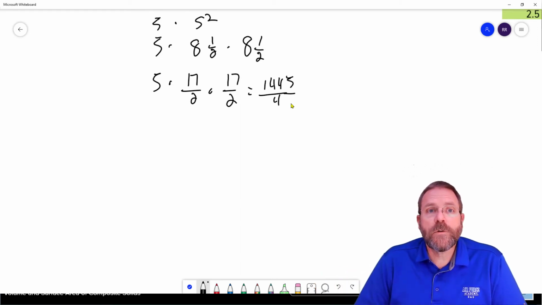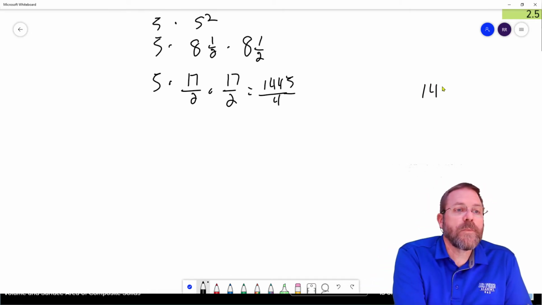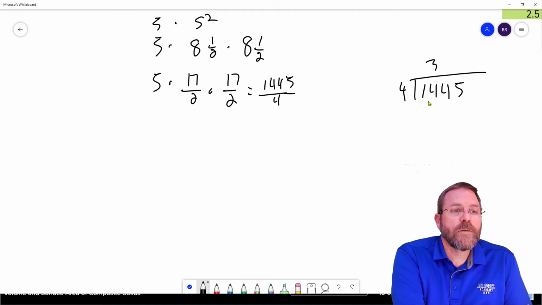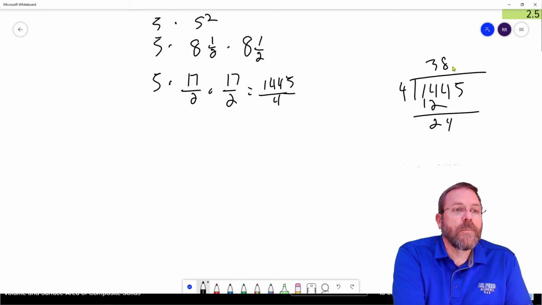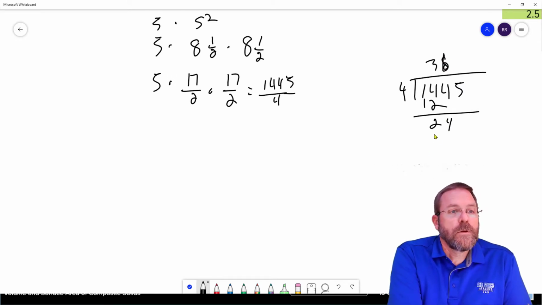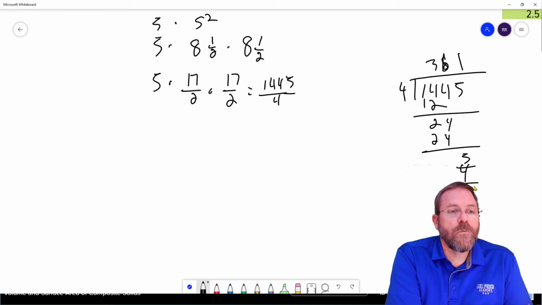but the textbook is going to want that converted into a mixed number for now. So I'm going to take that 1,445 divided by 4. That's going to be 3, which is 12, 2 left over. That's going to become actually 6, which is going to be 24. With nothing left over, bring down the 5, and that becomes a 1, which would be 4 with 1 left over.